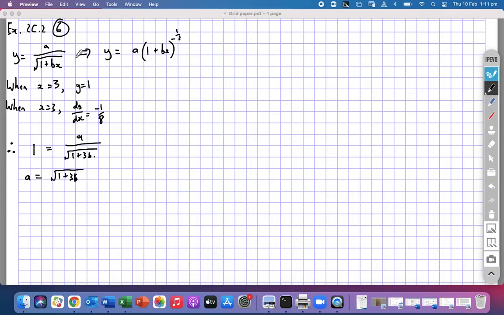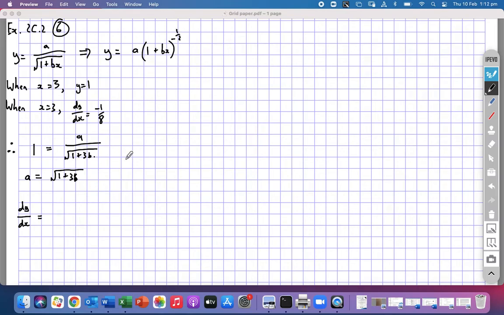We need to find the derivative. You'll notice I've rewritten the equation here using negative indices. We're about to use the chain rule, and it's easier to do that if you change your square root to a fractional power. Remember in class I was saying the chain rule can be thought of as the outside-inside rule. So let's deal with the outside.